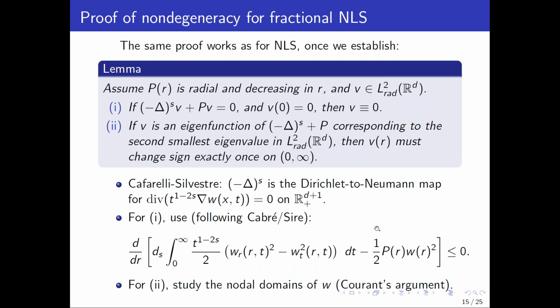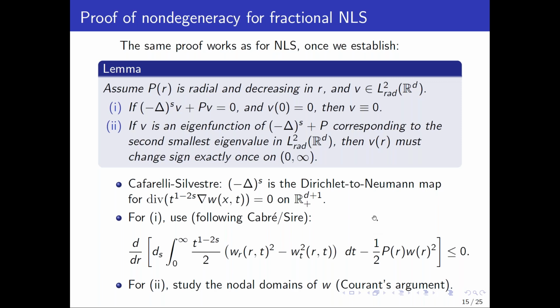This was the only part in their 2013 paper that they were not able to do in higher dimensions. But then in their 2015 paper, they realized that they could use this remarkable monotonicity result of Cabré and Sire to prove this first part of this lemma.